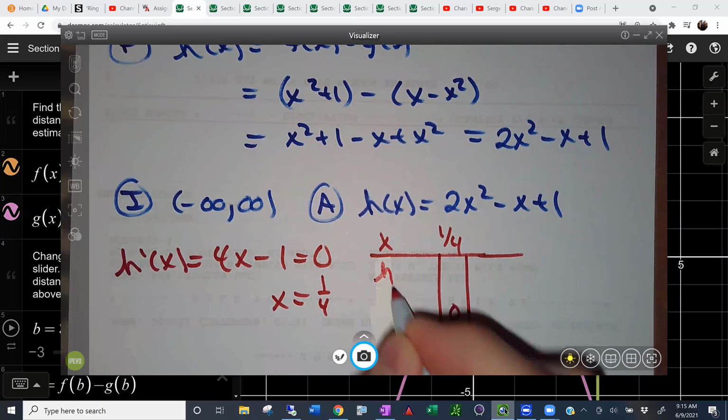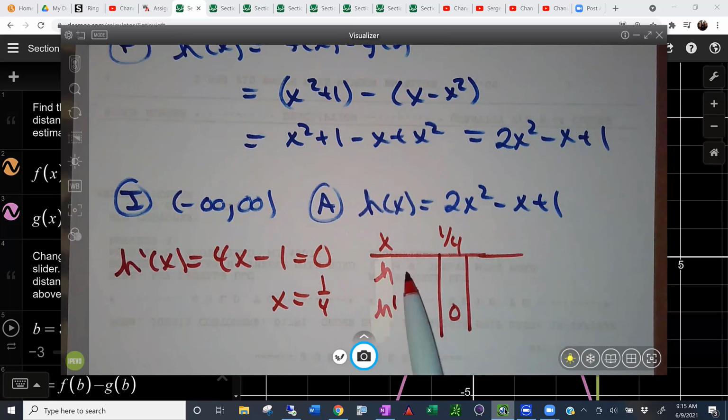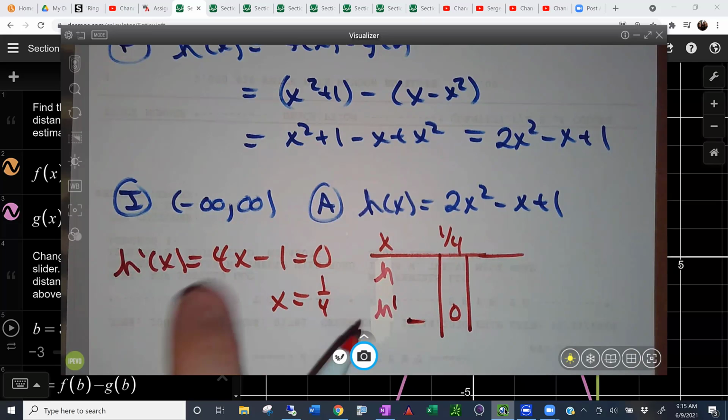So h and h prime. But to the left of 1/4, what's the sign of the derivative function? If you put in the 0 here, 4 times 0 minus 1. Negative. Thank you, AC. It's negative. And to the right, if you pick a value like 1, it's going to be positive.